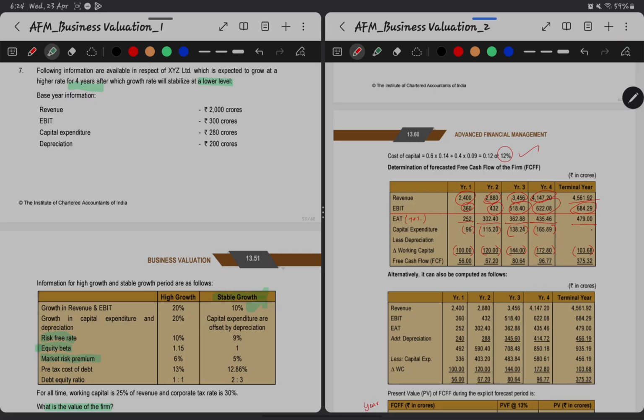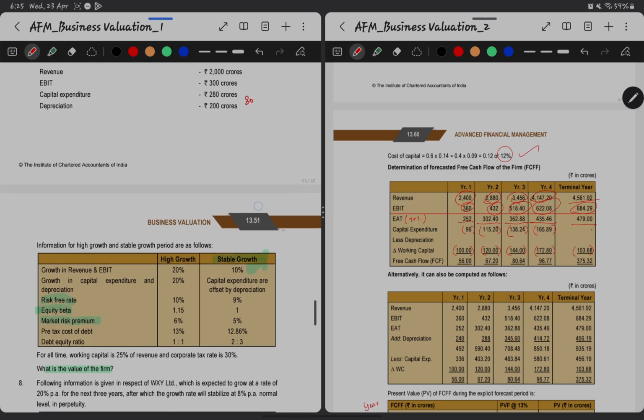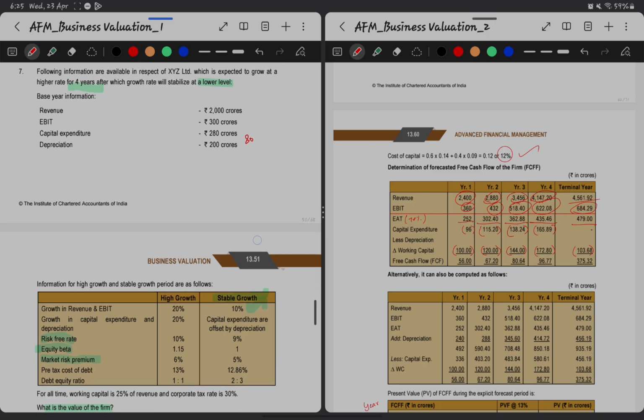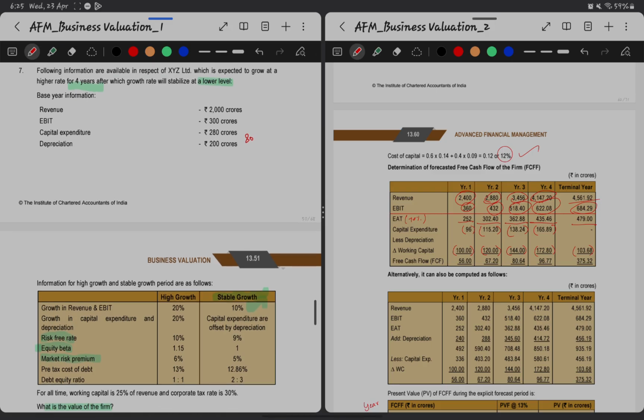This capital expenditure is nothing but the capital expenditure 280 minus depreciation, which is 80, the net capex. We are assuming that the asset turnover ratio remains same.